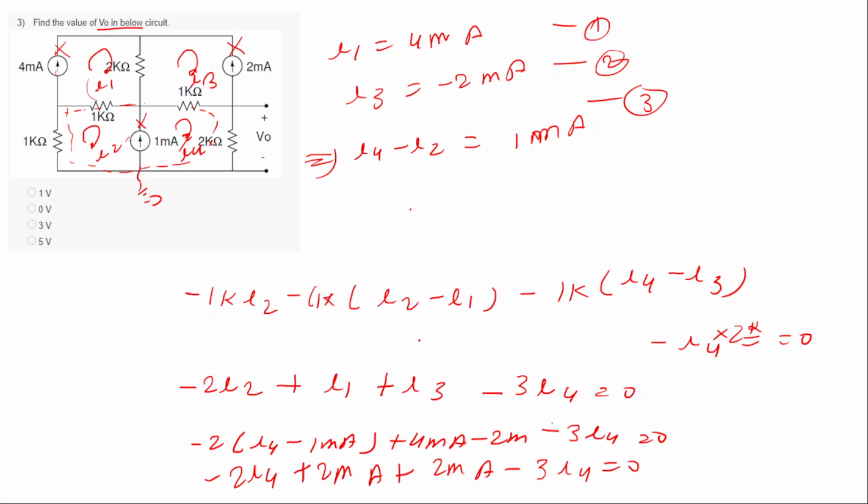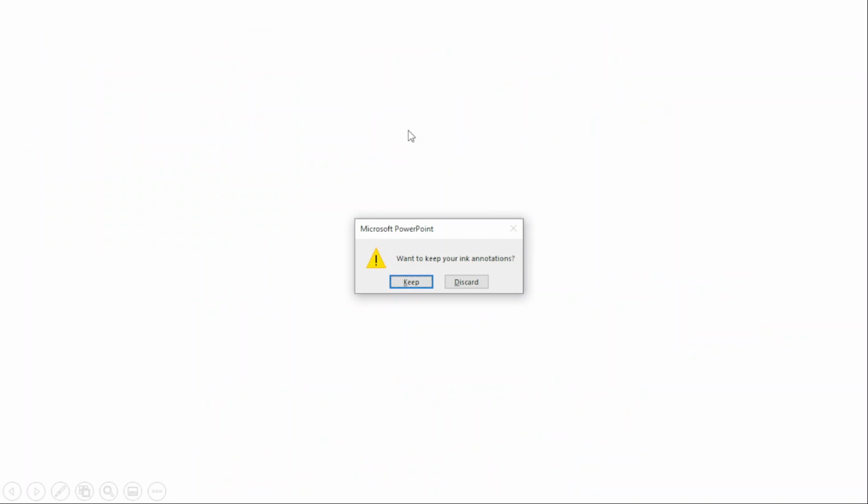So the final answer, by solving this equation, I4 current should come as 0 only, I think. Let me just verify the answer.